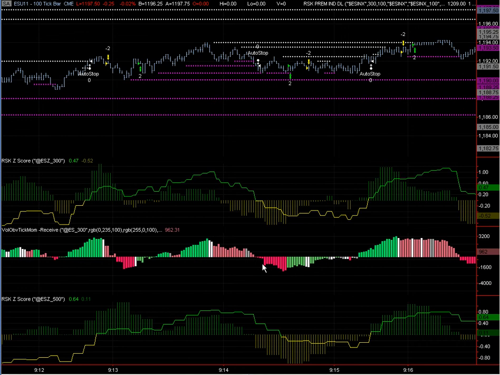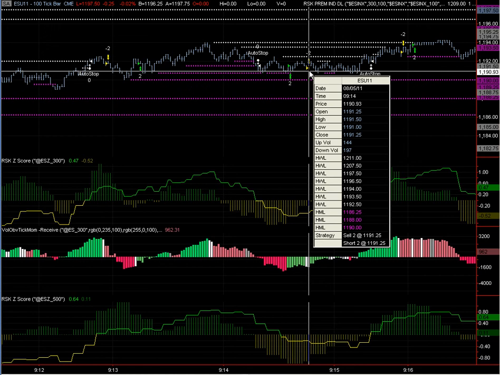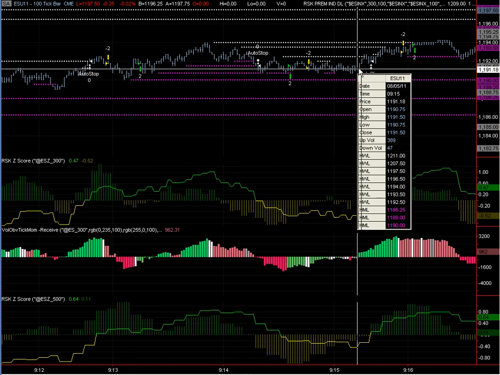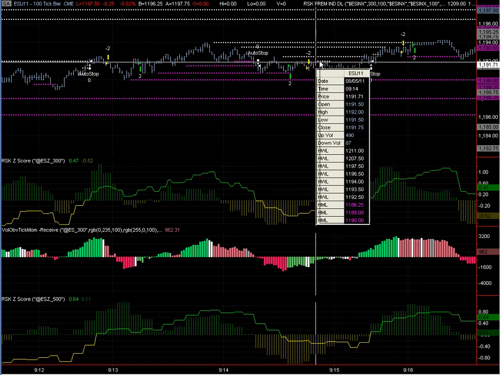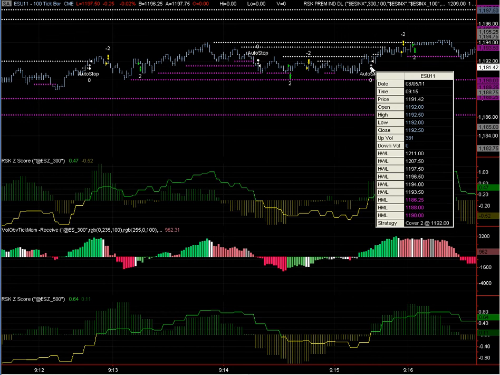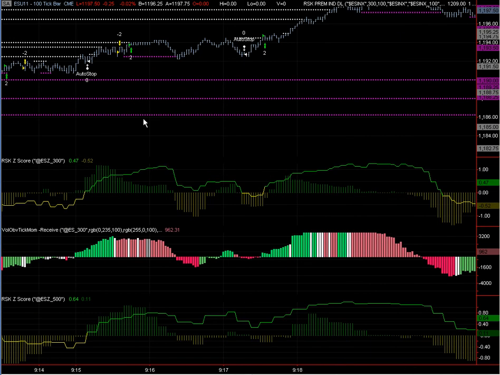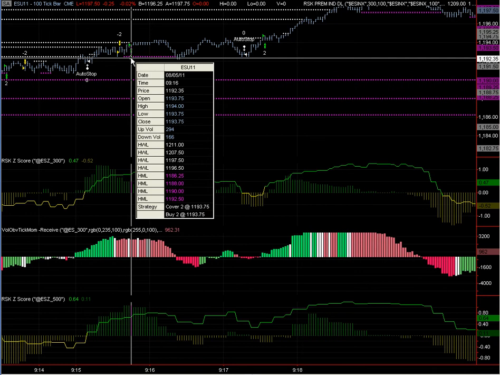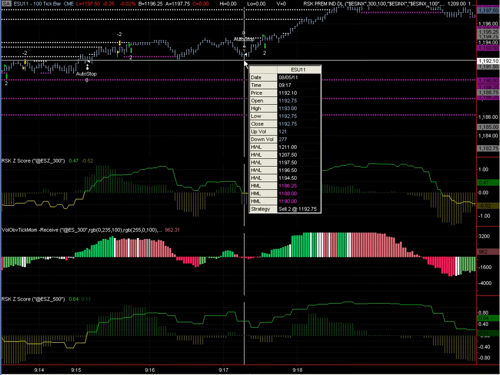Here's another trade, 11.91.25 short, gets auto-stopped at 11.92. That's a 3-tick loss. Long trade here, 93.75, auto-stopped at 92.75, a 1-point loss.